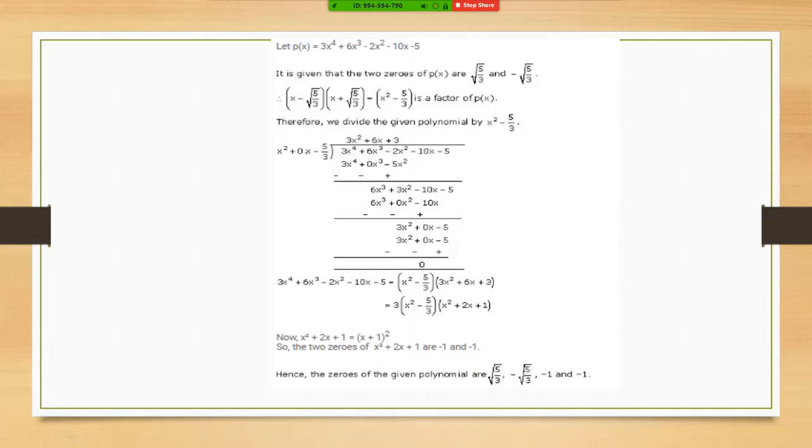So basically you're getting x plus 1 whole square. So x is minus 1 and minus 1. Perfect. The next sum that you can go to is question number 5. Complete all the parts 1, 2, 3. All those who have finished this can go to question number 5.